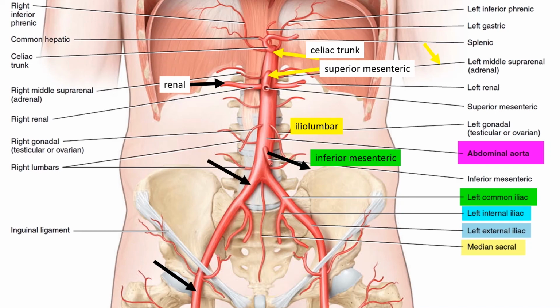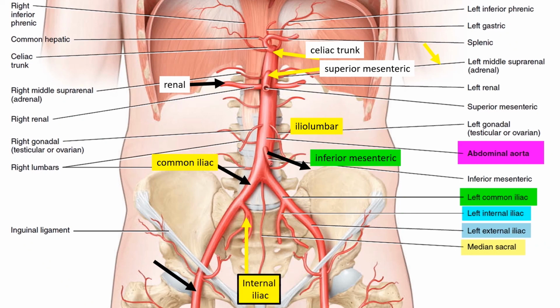Then the aorta, at the level of L5, is going to bifurcate into two branches. Each one is called the common iliac, as it is going towards the ilium of the hip bone. Then the common iliac is going to give a branch to the pelvic organs like the uterus, the rectum, the ovary, the urinary bladder, and this branch is called the internal iliac.